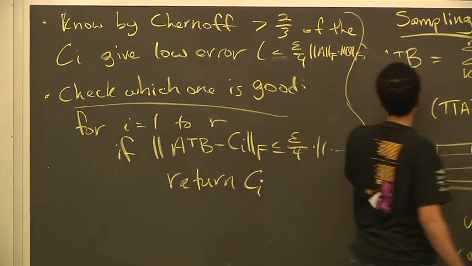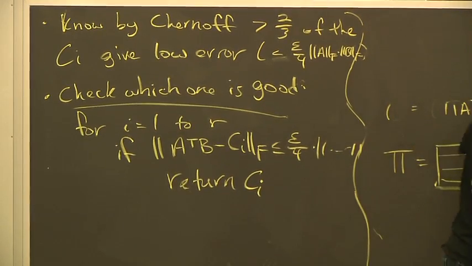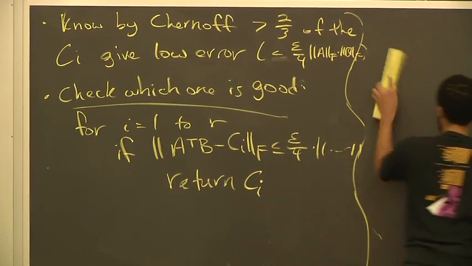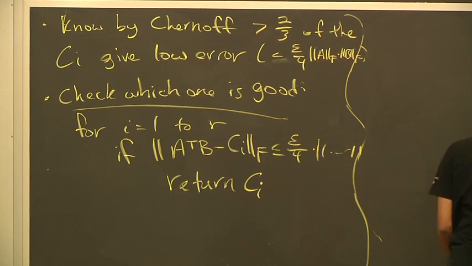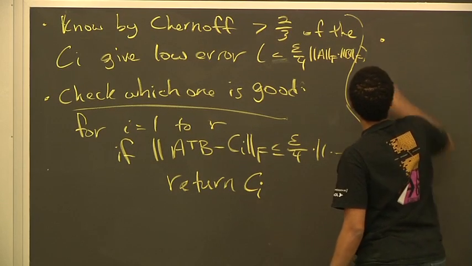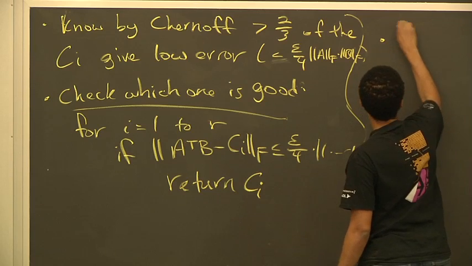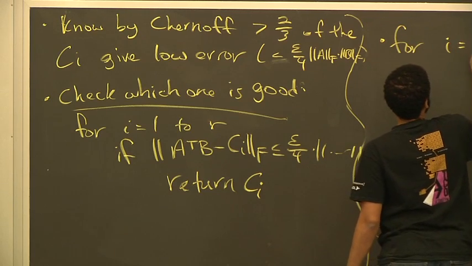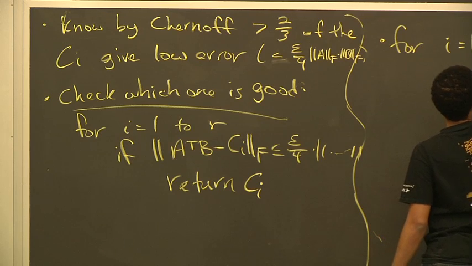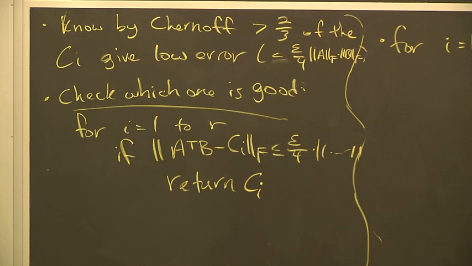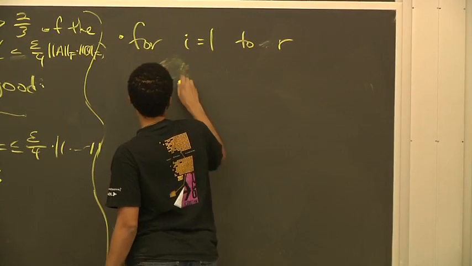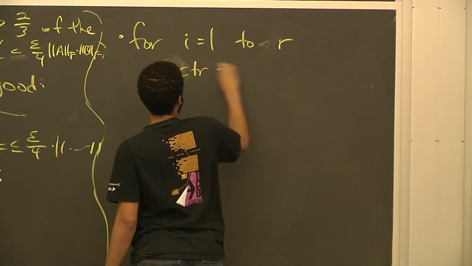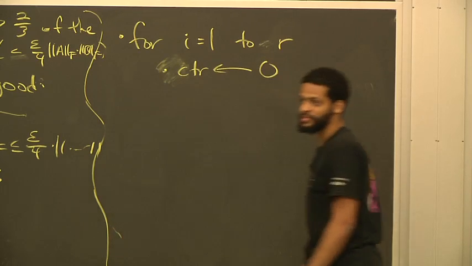So instead, the clever trick is going to be as follows. Instead, what we're going to do is for i goes from 1 to R. Okay. And then let's say I'm going to initialize some counter to be 0.